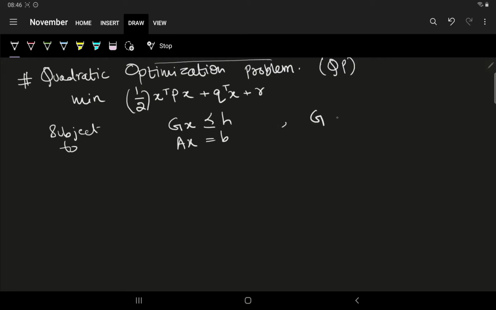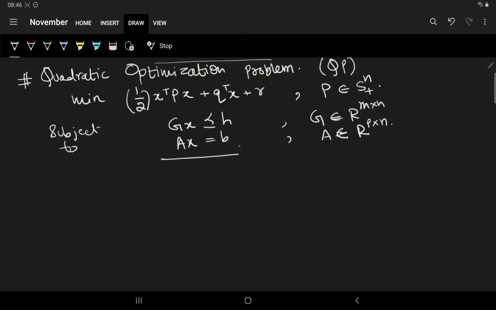Okay, here G belongs to R of n cross n, and A belongs to R of p cross n. Also, here P is positive semi-definite.